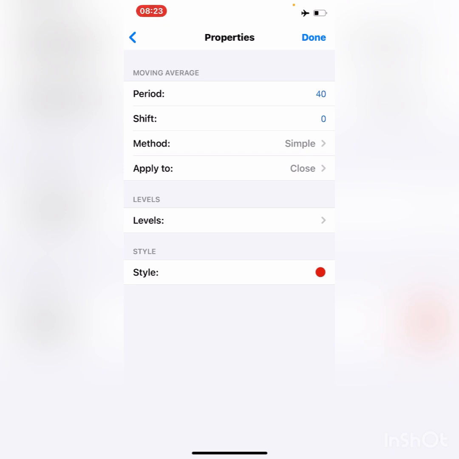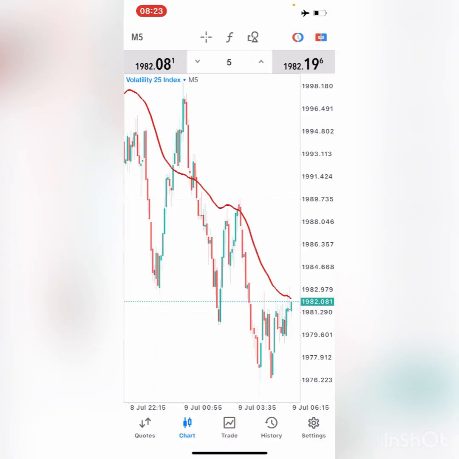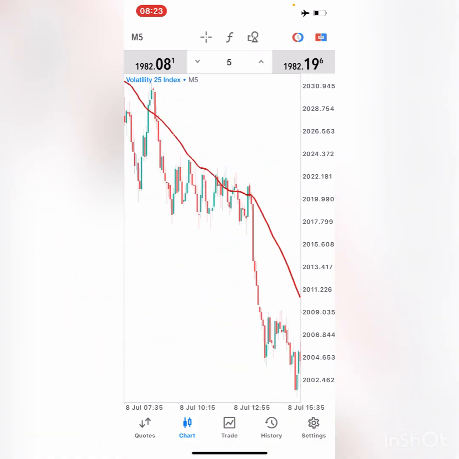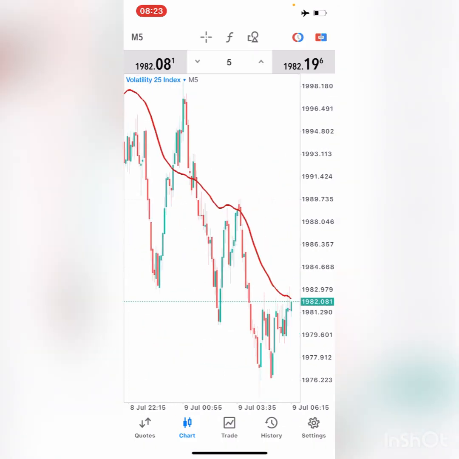Of course, you can pick any styling of your choice, but I would prefer that we all use the same colors because I'm going to be referring to them when I'm explaining, right? So I just picked red, and then I'm going to click done, and as you can see, I have a red line running across my charts, right?